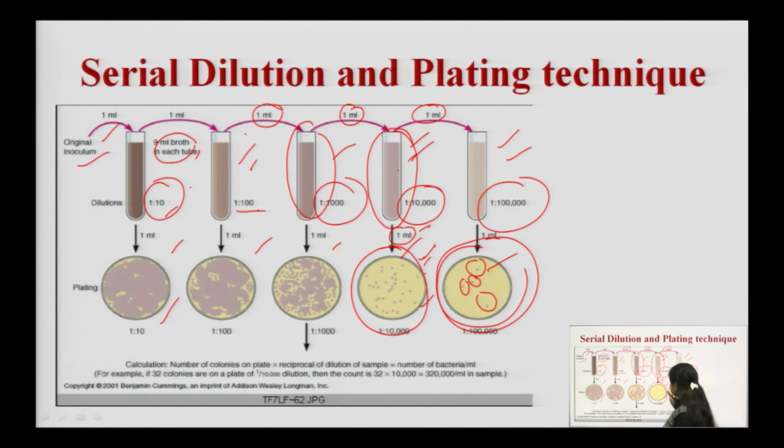If this contains 55, this will contain 550, this will contain 5500, this will contain 55000. So in this way, by doing the back calculation, we can easily count the number of bacteria in the original inoculum.